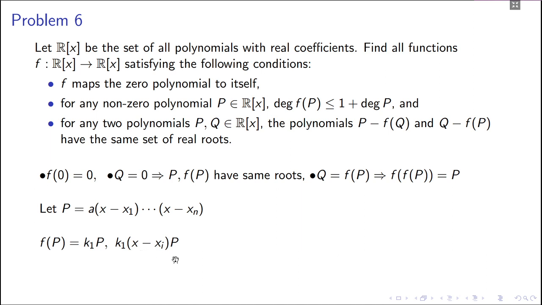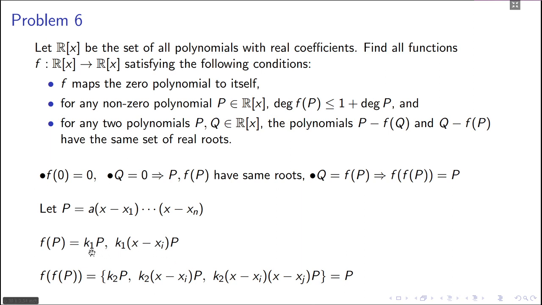And then when you again do f of f of p, you use the same logic. Since the roots have to remain the same, either only the constant factor gets changed in this case, or here also either the constant factor changes or some root gets multiplied again.